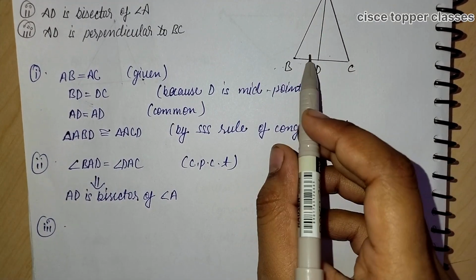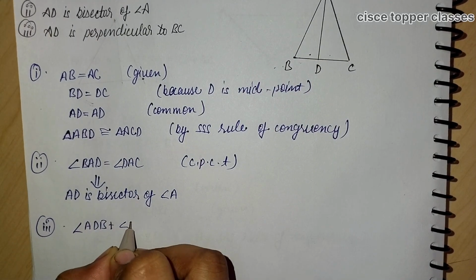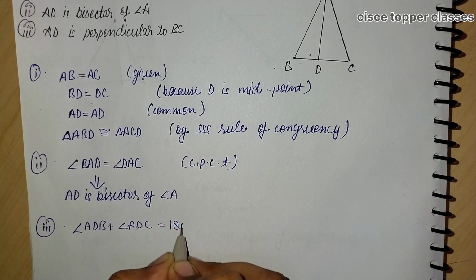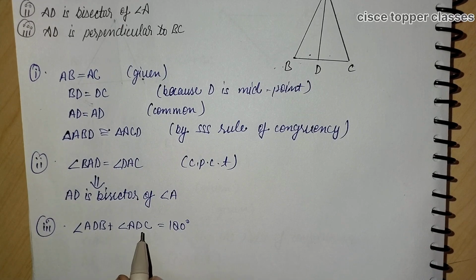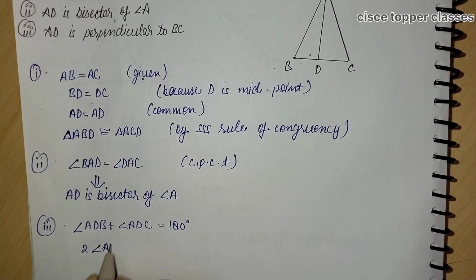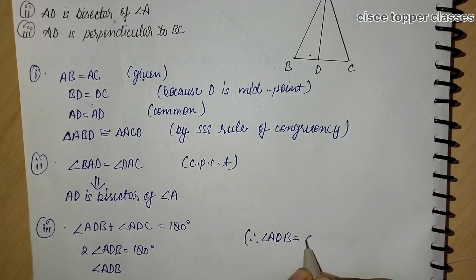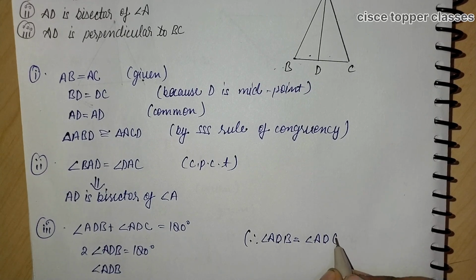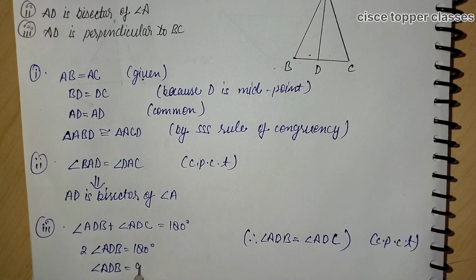Now the third part, which is we have to prove that AD is perpendicular to BC. Because it is a straight line, we can simply write that angle ADB plus angle ADC is equal to 180 degree. ADB and ADC are equal by CPCT, so we can write it as 2 ADB, which is equal to 180 degree, and from here ADB is equal to 90 degree, which is equal to ADC also.